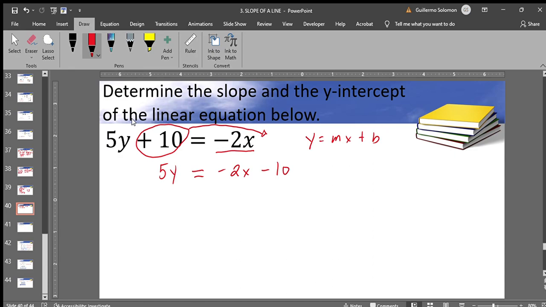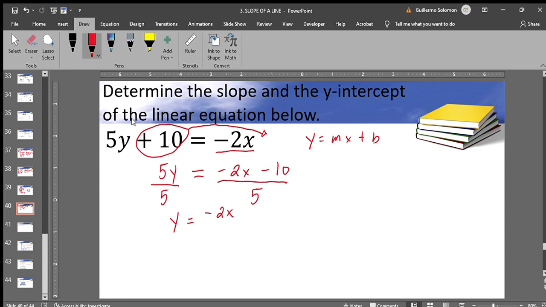Next, divide both sides by the coefficient 5. No matter what the value here, yan ang pang-divide natin from both sides. So 5y divided by 5, that is y, equals. Let us paghiwalayin.